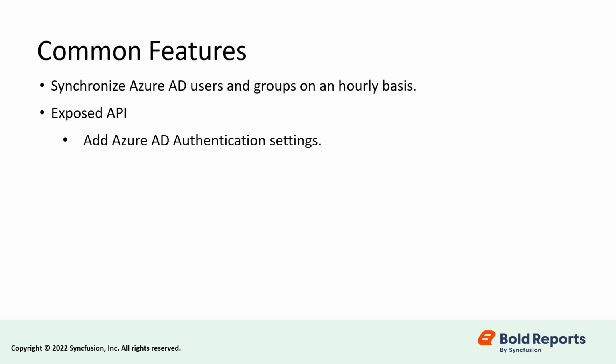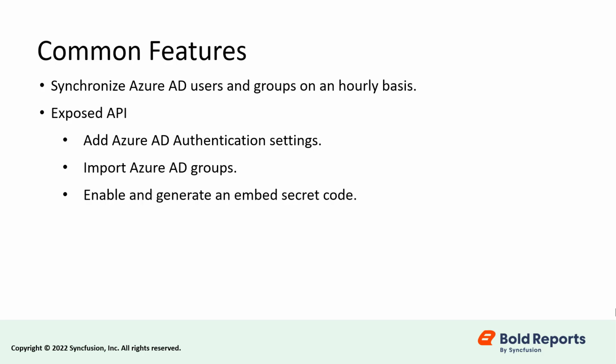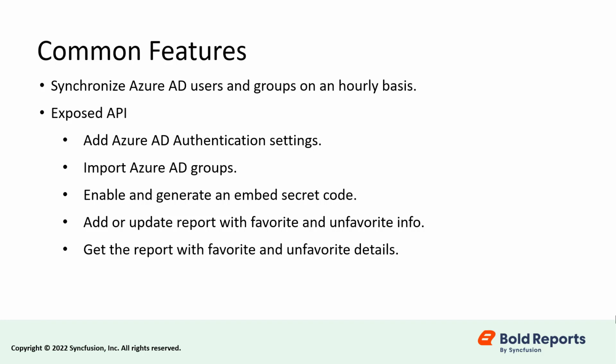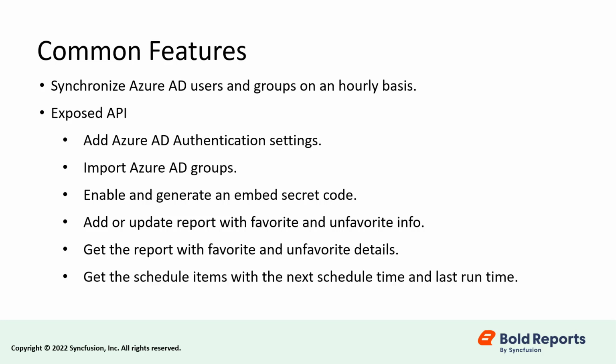Bold Reports has exposed APIs to add Azure AD authentication settings, import Azure AD groups, enable and generate and embed secret code, add or update report with favorite and unfavorite info, get the report with favorite and unfavorite details, and get the schedule items with the next schedule time and last run time. There is also an API where the admin can get the items of other users.